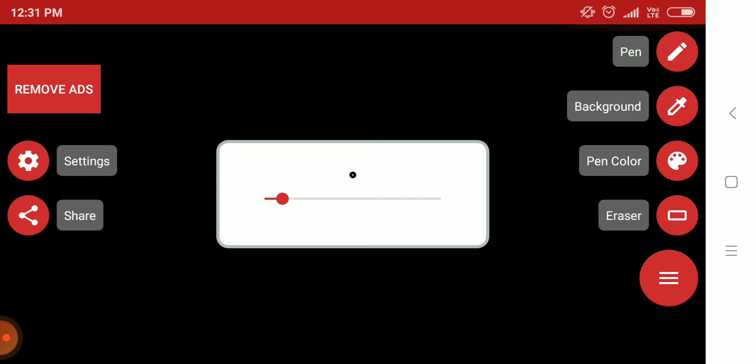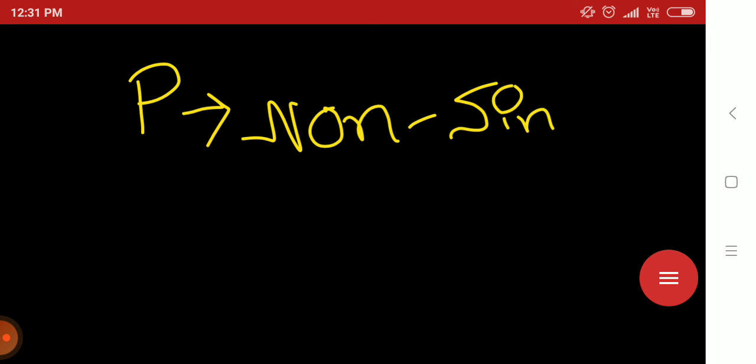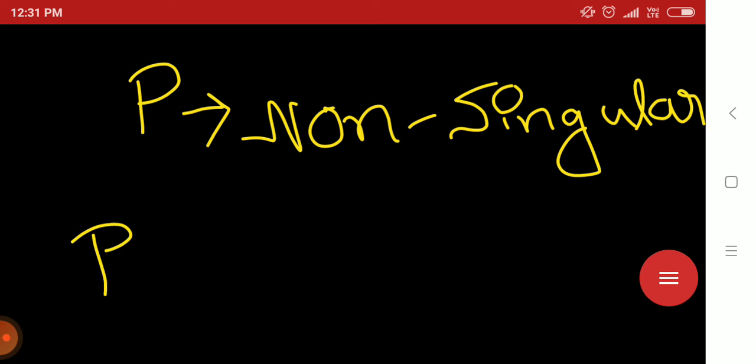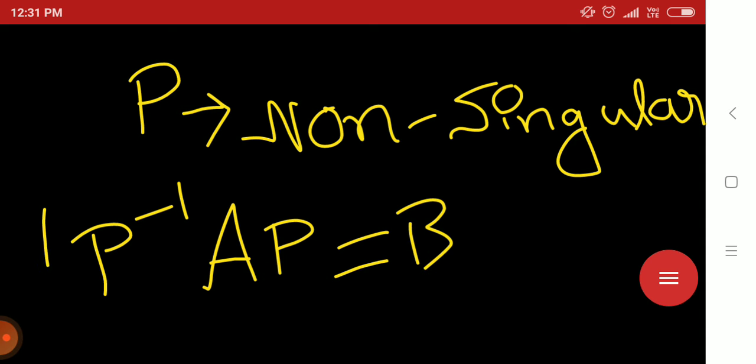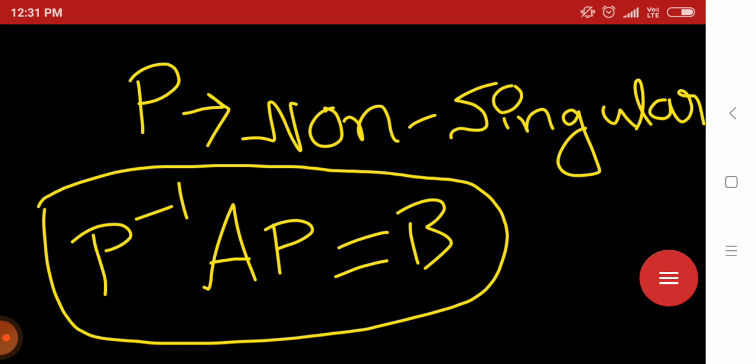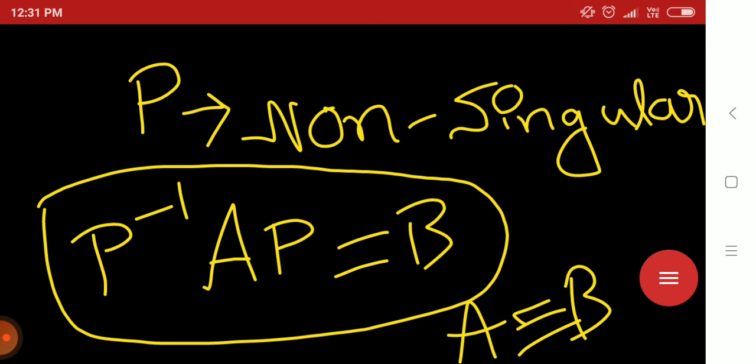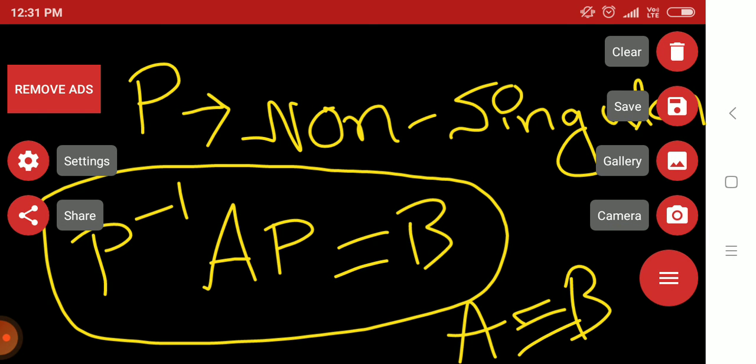If there exists a matrix P which is non-singular such that P inverse AP equals B, that means inverse of the matrix P into the matrix A into the matrix P equals B, then A and B will be similar matrices.